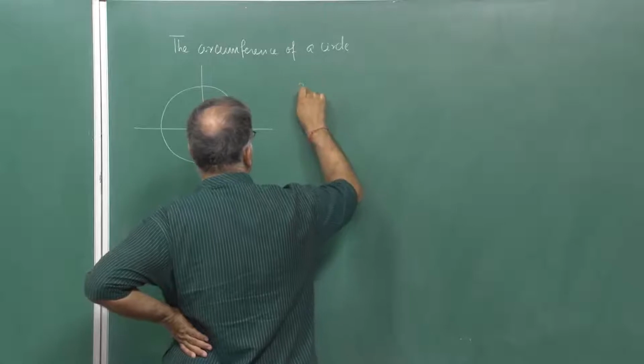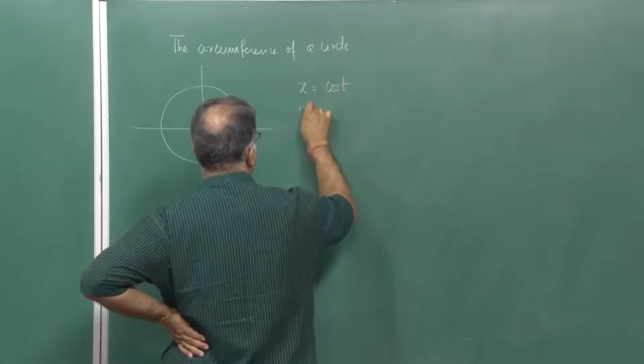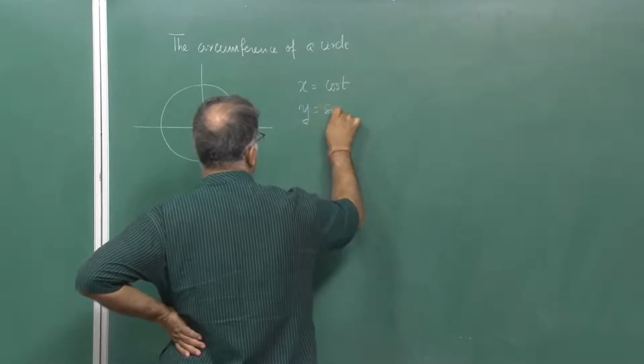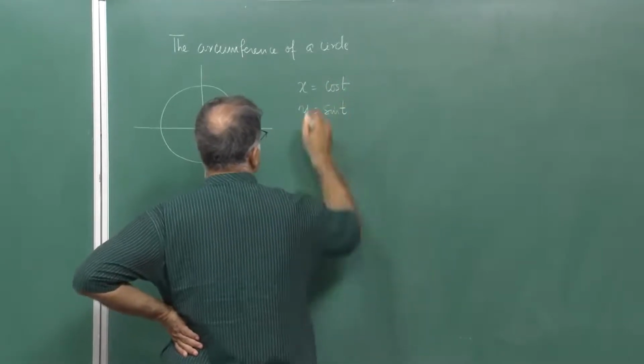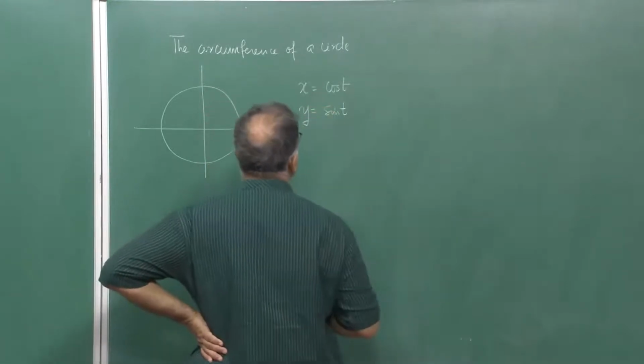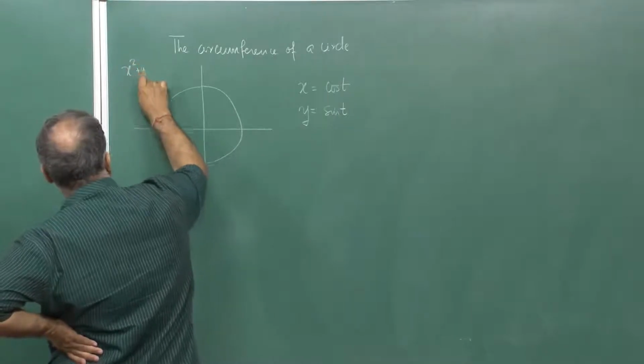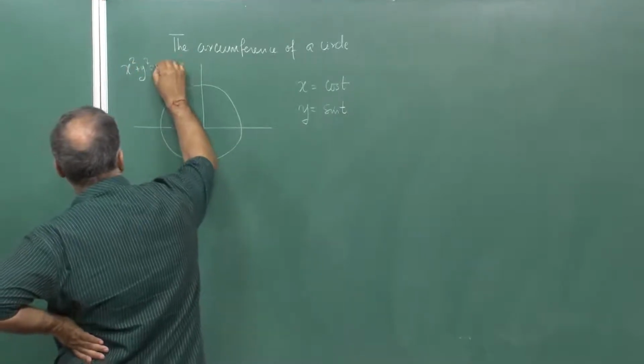Or rather, I am taking this to be of radius 1. So, I am taking a circle of radius just 1, x square plus y square is equal to 1.